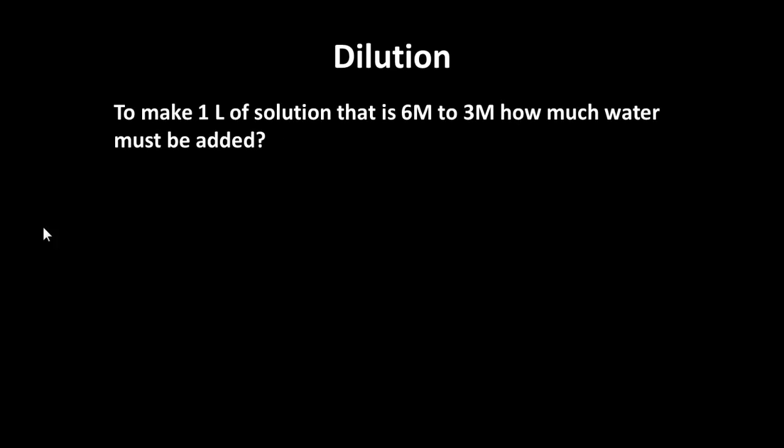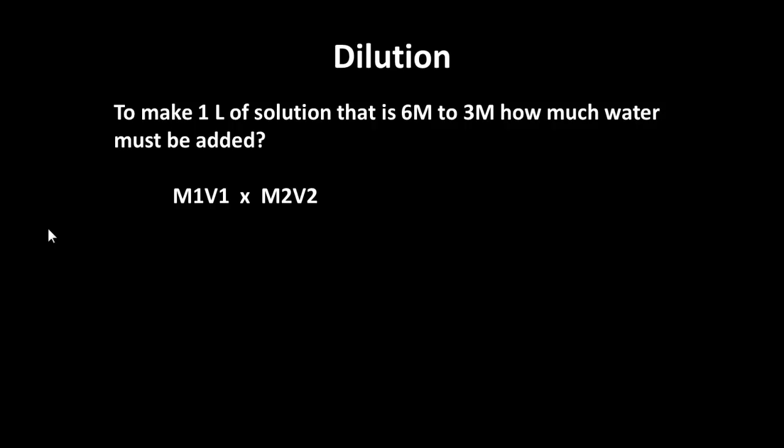Let's have an example of that. Sorry, we want to make a litre of solution that's 6M, and we start off with a 3M solution. So how much water do we need to add?